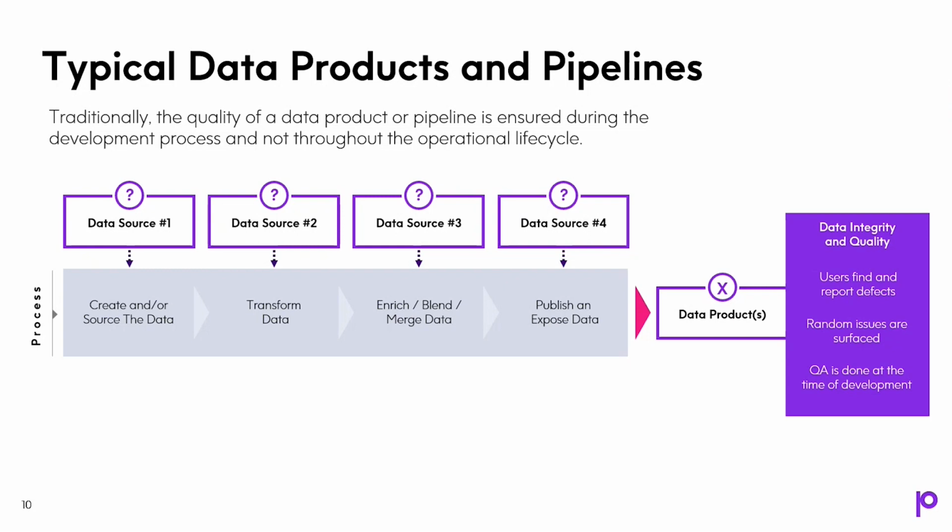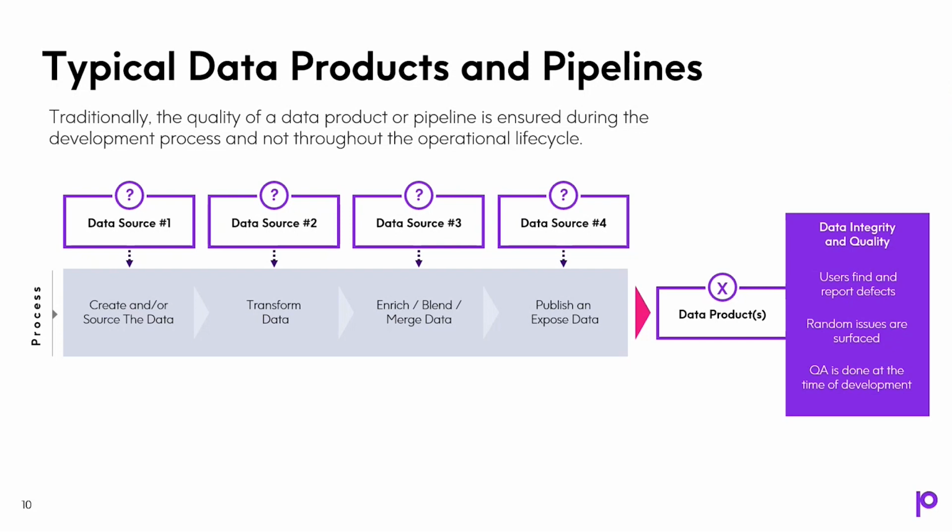Comparing this to a traditional manufacturing process, it's the equivalent of ensuring the quality of the finished product with a post-manufacturing inspection. And as you can imagine, this process is incredibly costly from both a time and risk perspective. The same concept applies to your typical data products, such as analytics, reports, applications, and any pipelines or processes that are driving an outcome.